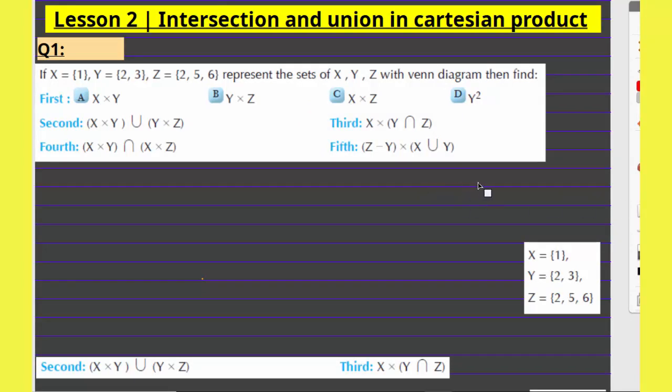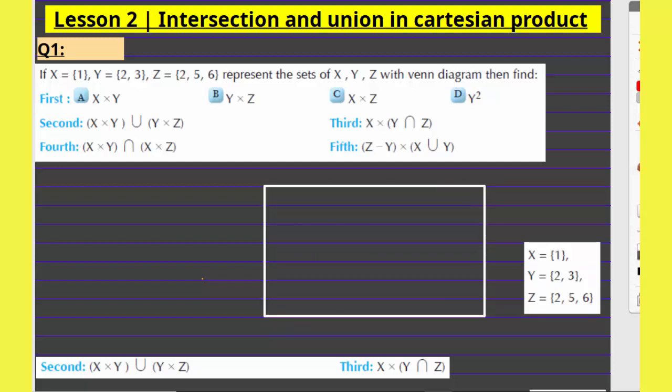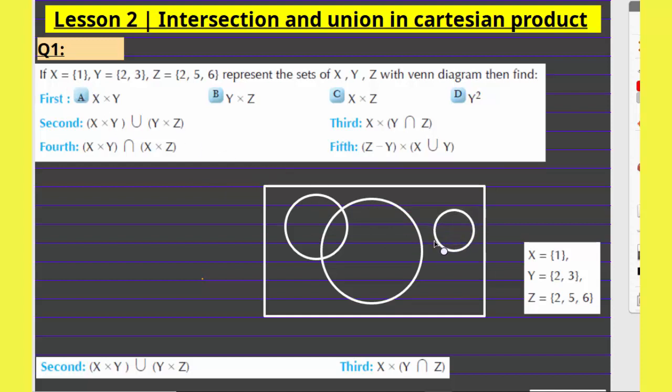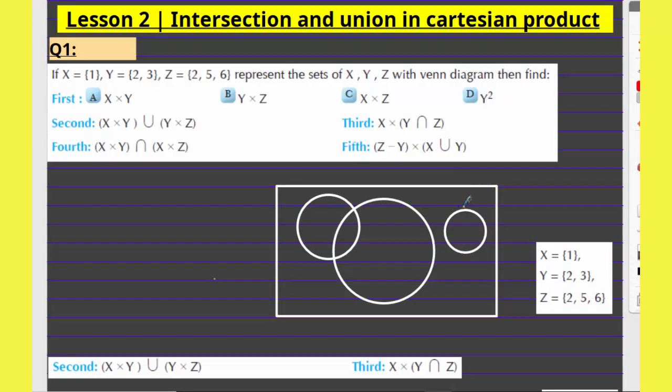So first we will draw the universal set here, and then we will draw the three sets using some circles. Here we have a common element between y and z, so I'll draw two intersecting sets like that, and we have the set x with only one element, so this is for x, with its element 1.